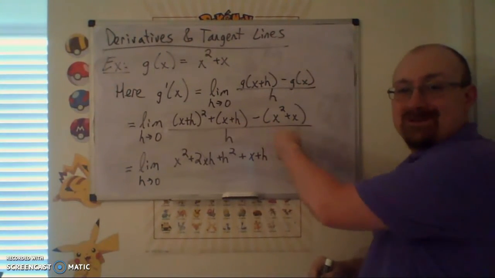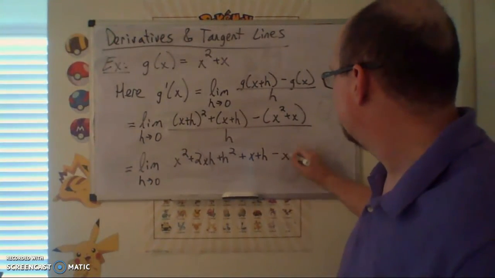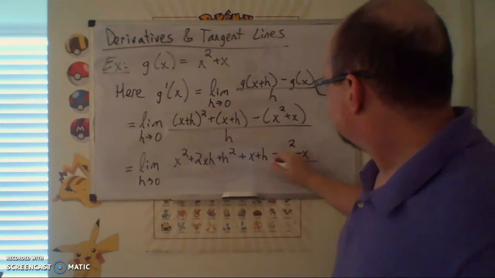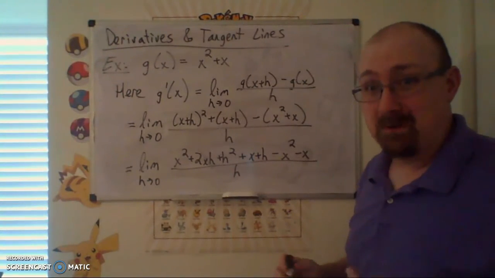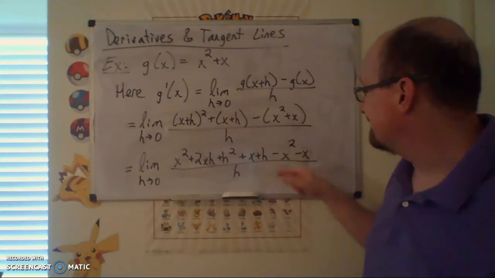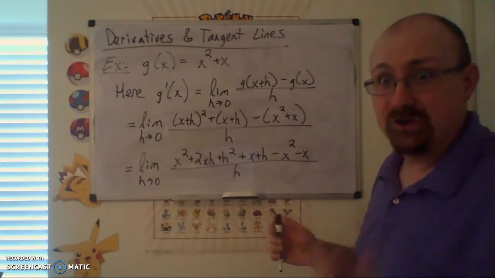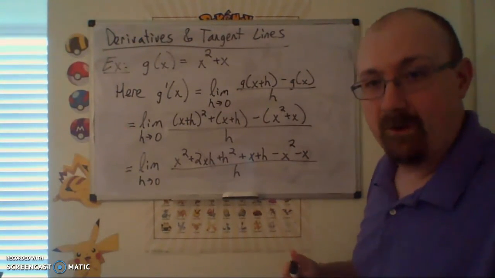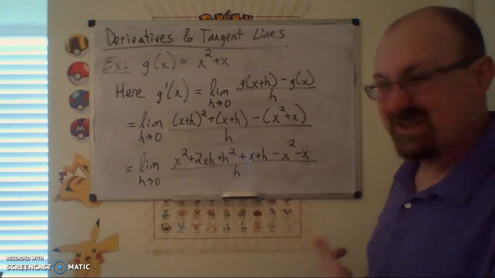Remember to distribute this subtraction here. Both of these terms are going to change signs. In the grand scheme of things, I'd say that's probably the number one algebra type mistake I see calculus students make, is failing to distribute a minus. They just write minus x squared plus x, and that's going to screw everything up, for lack of a better way to put it.